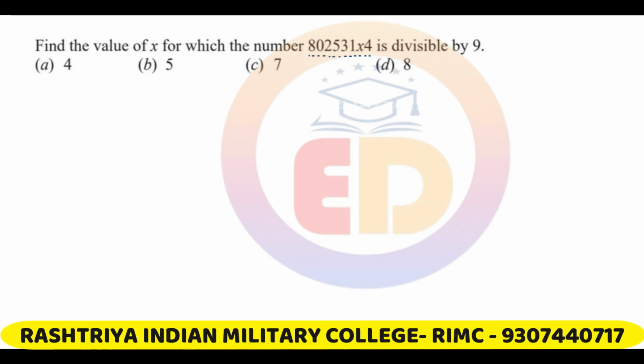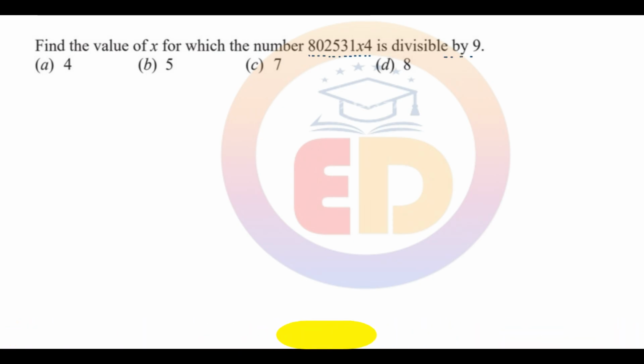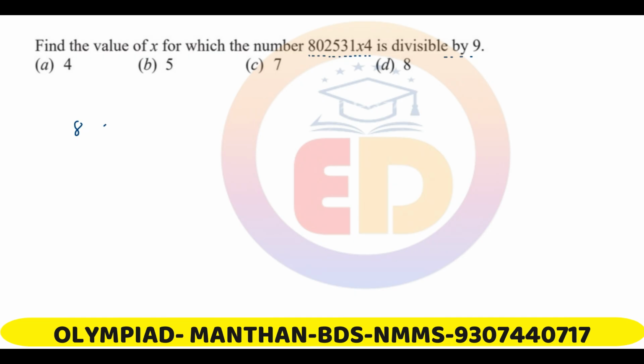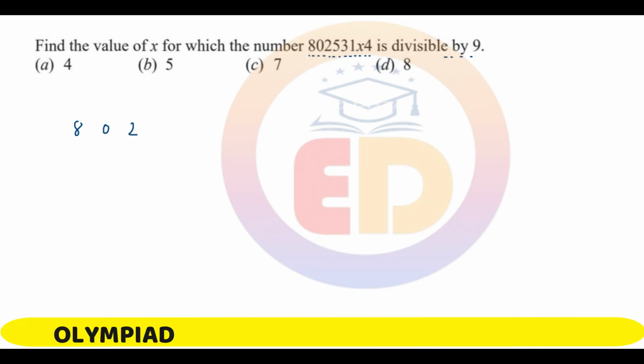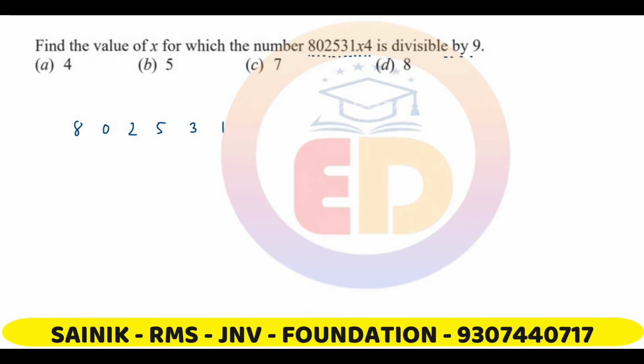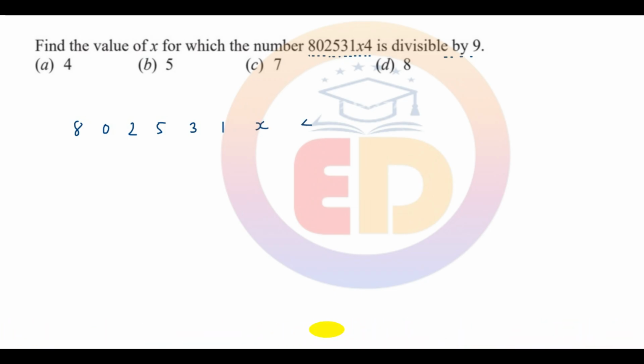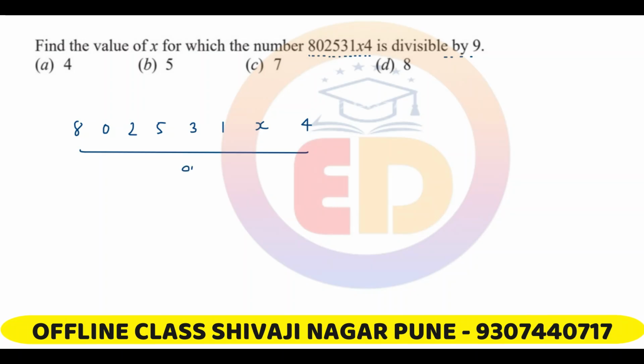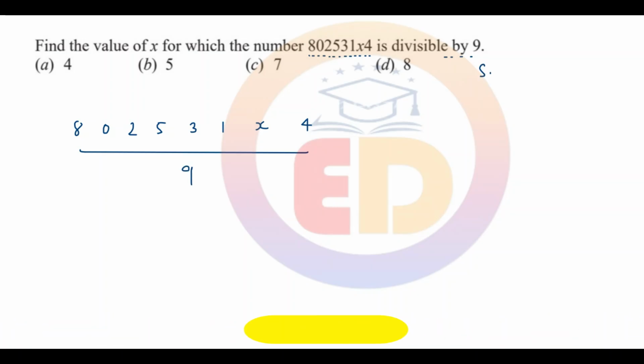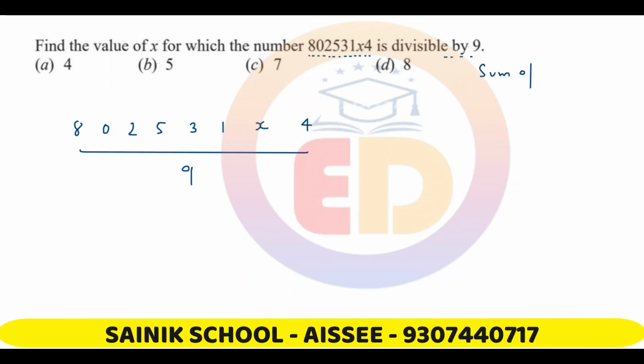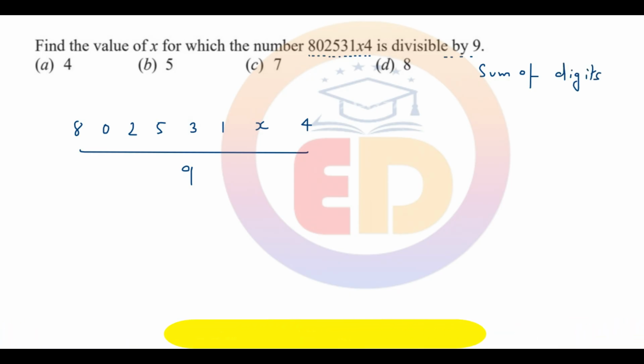Find the value of x for which the number 8025314x is divisible by 9. So to make this number divisible by 9, the sum of the digits should be divisible by 9.